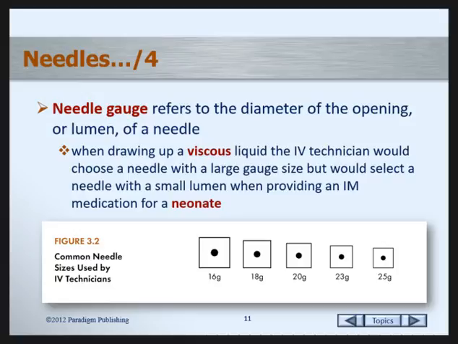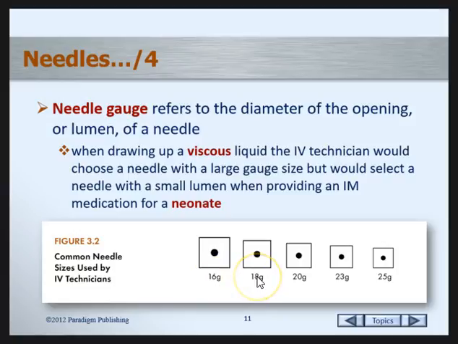So when drawing up something that is viscous, which means that it's very thick or syrupy, the technician would choose a needle that has a larger lumen, but would select a needle with a small lumen when providing an IM medication for a neonate. The sizing is inversely proportional to the actual opening. The smaller the number, the bigger the opening.